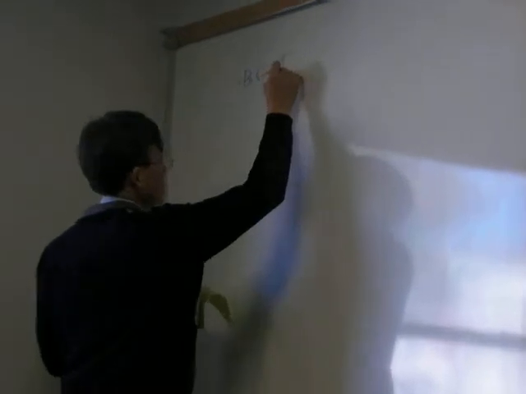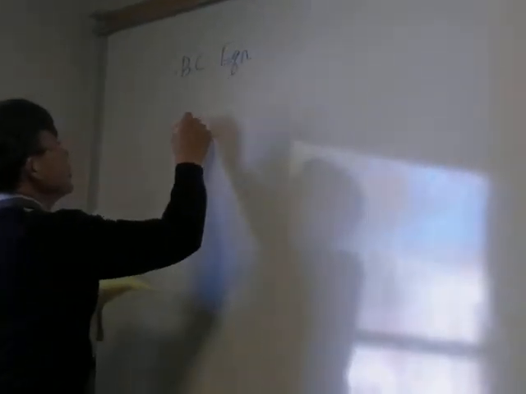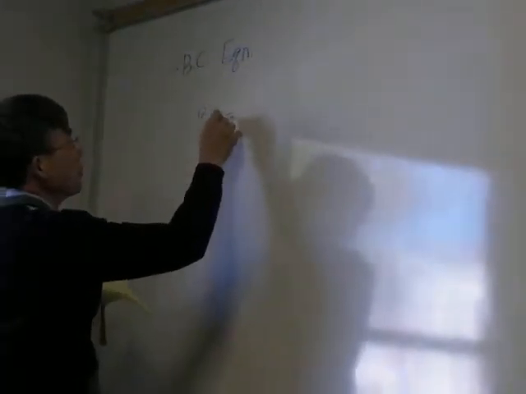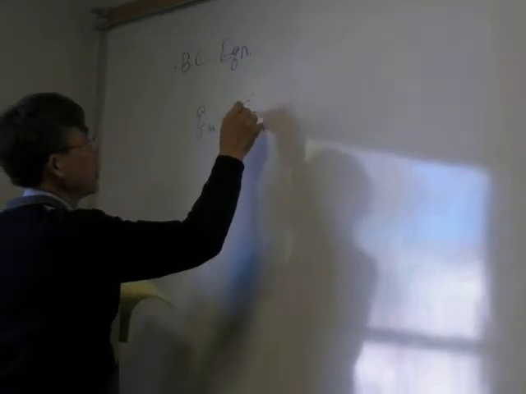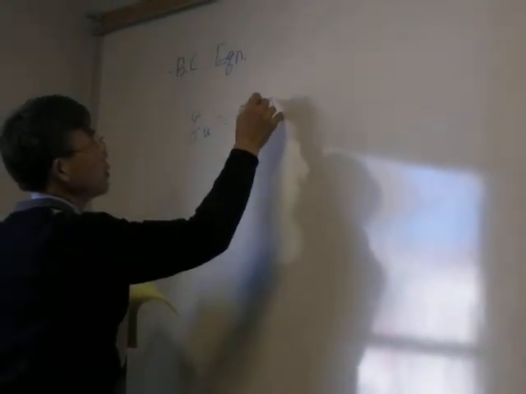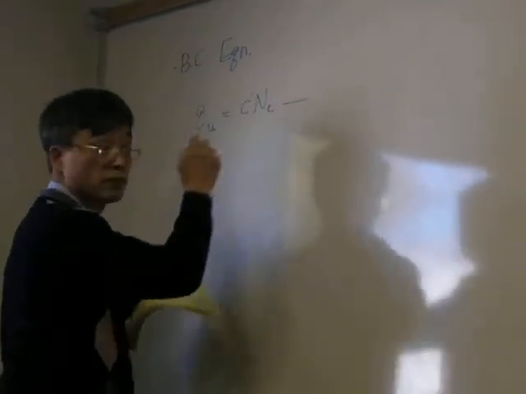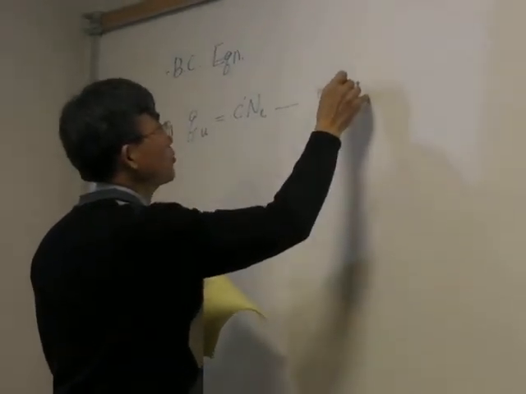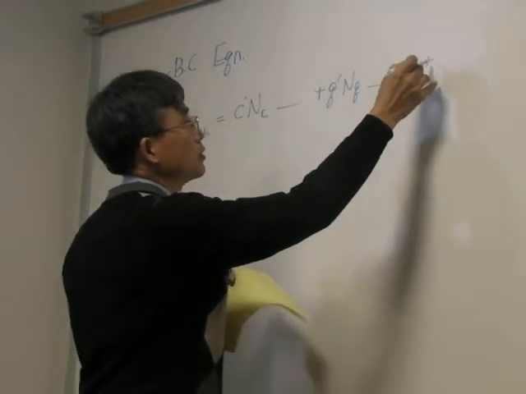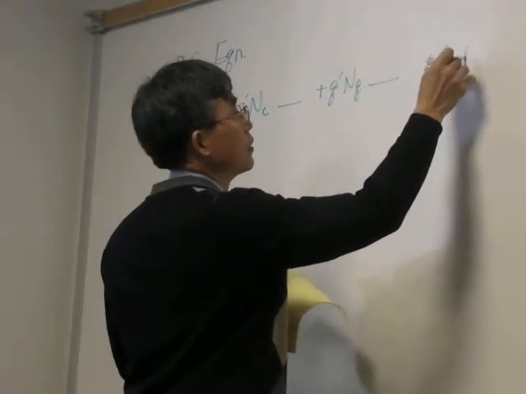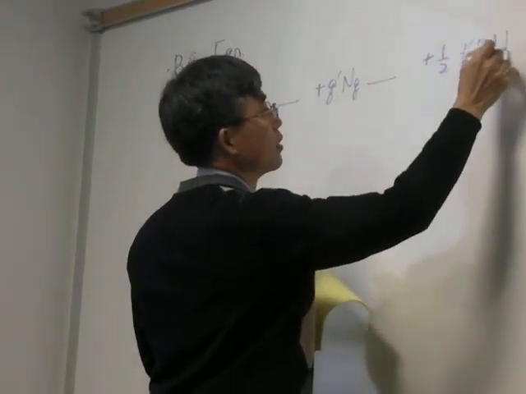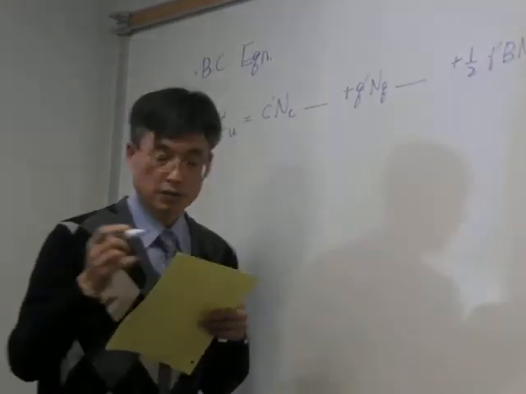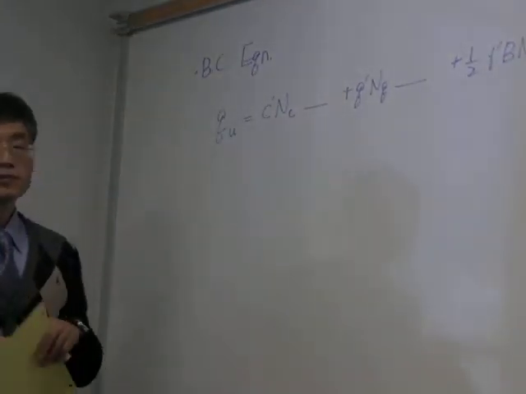Bearing capacity equation. This is the equation that we used in foundation engineering class. Correction factors plus Q prime N sub Q, correction factors plus 1/2 gamma prime B N sub gamma and correction factors. Okay.